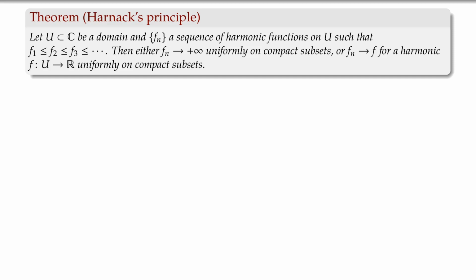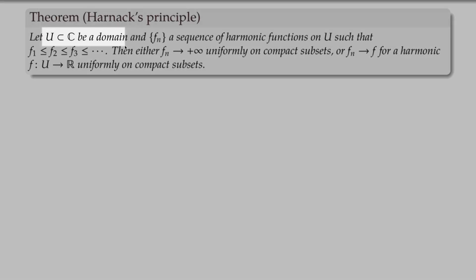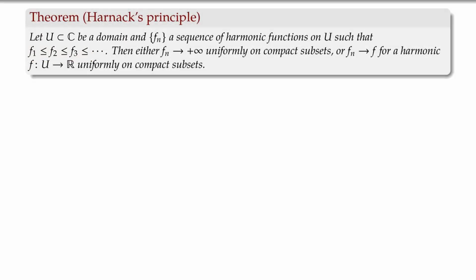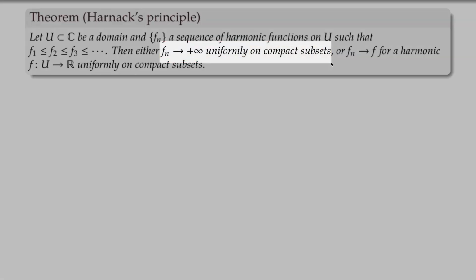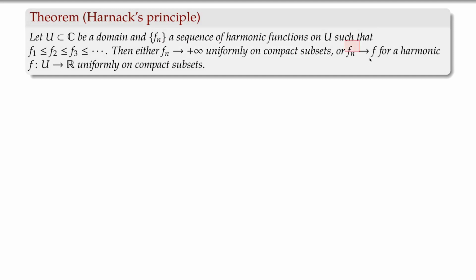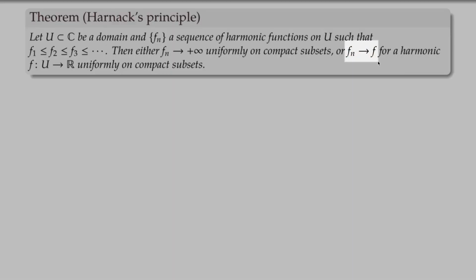Suppose that we have an increasing sequence of harmonic functions on any domain. Nothing else, we know nothing else about this. But actually there's two possibilities. Either f goes to infinity uniformly on compact sets, or it converges to a harmonic function uniformly on compact sets.